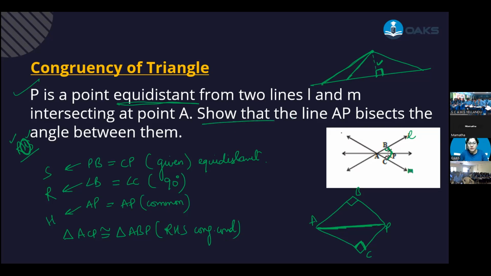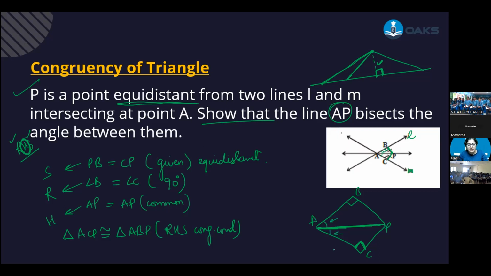We need to show that the line AP bisects the angle between them. So, I told you when two triangles are congruent, every other thing is equal. Every side, every angle. So, these two angles will be equal, right? These little two angles. I can show it here.